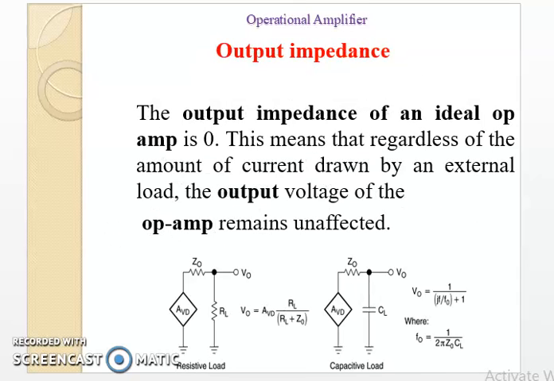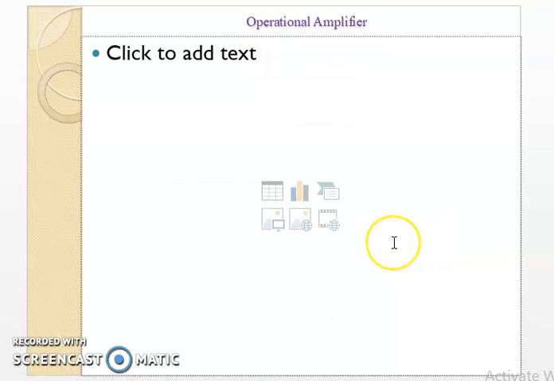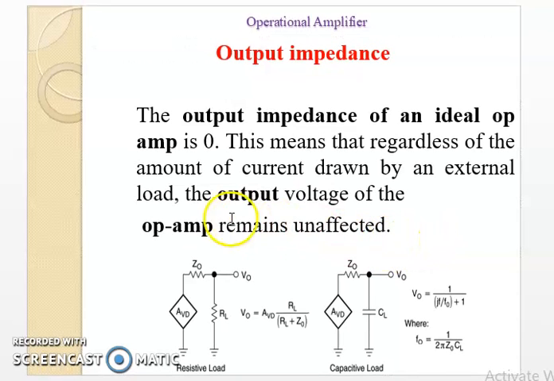Now, output impedance. The output impedance of an ideal op-amp is 0. This means that regardless of the amount of current drawn by an external load, the output voltage of the op-amp remains unaffected. Whenever there is no load, the output impedance of an operational amplifier is what? 0.